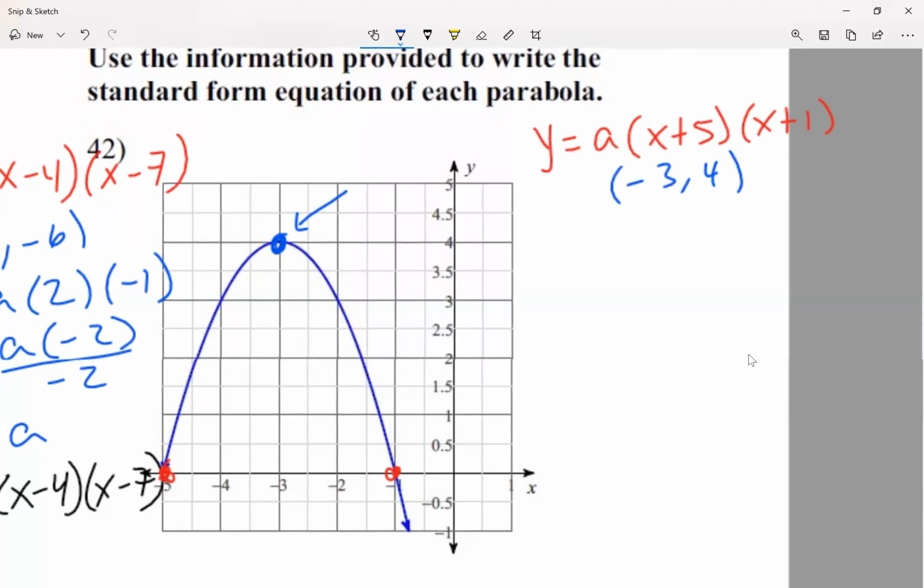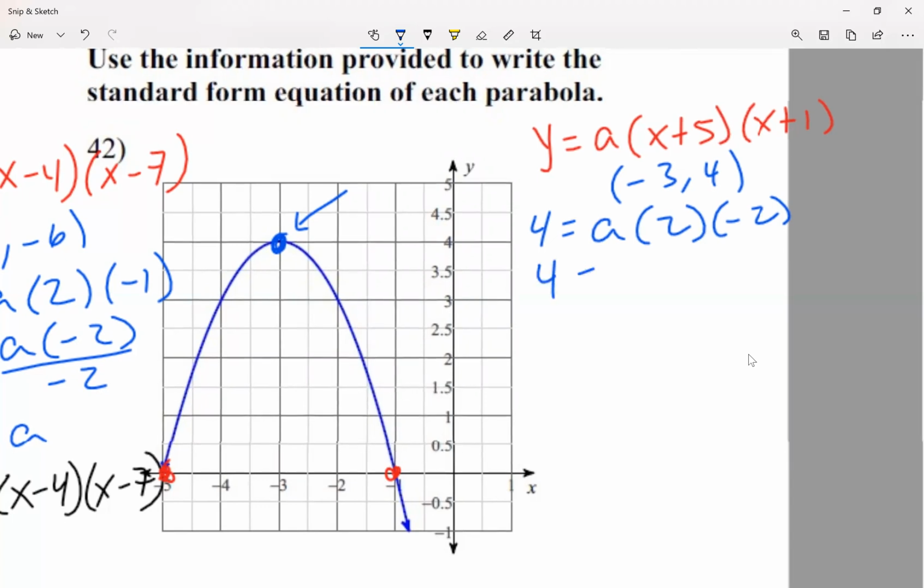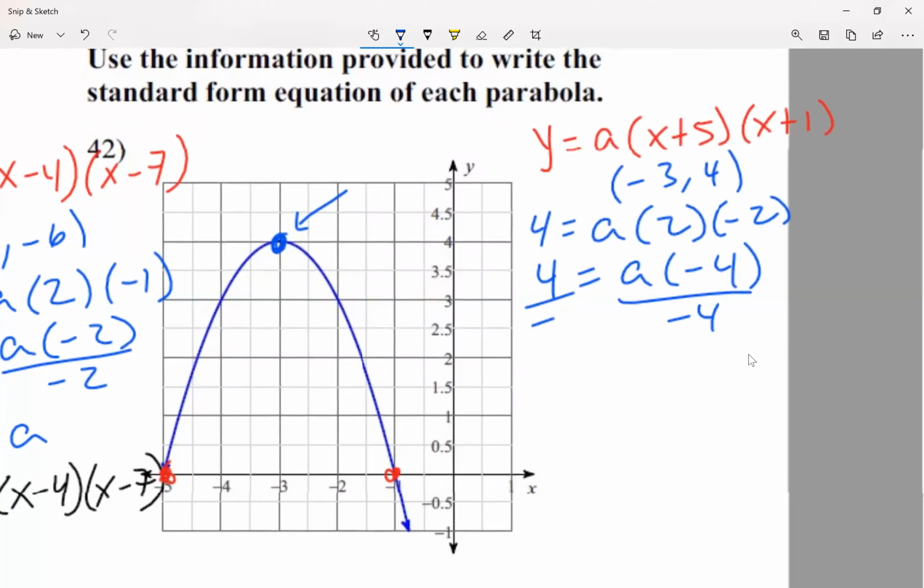So I have 4 is equal to a times 2 times a negative 2. So I have that 4 is equal to a times a negative 4. Right? I multiply the last two parentheses, divide by negative 4.